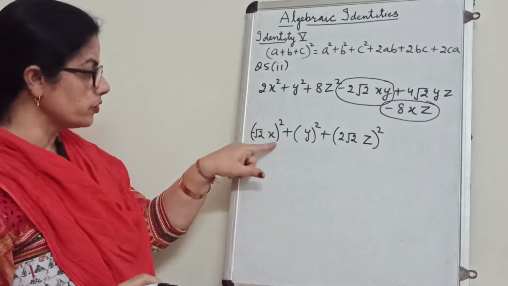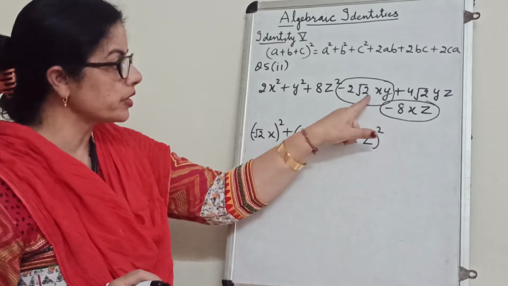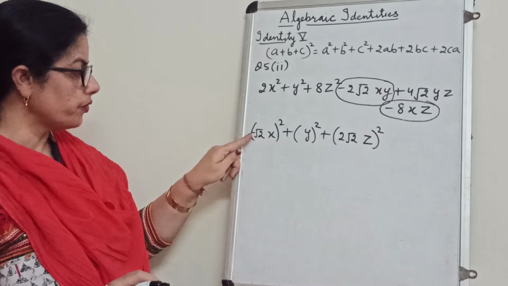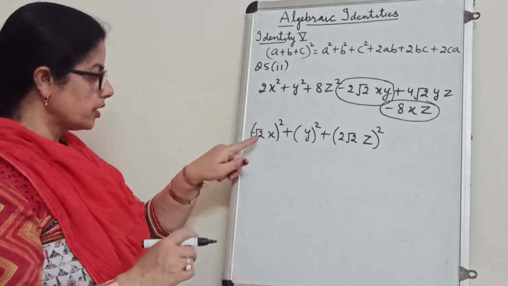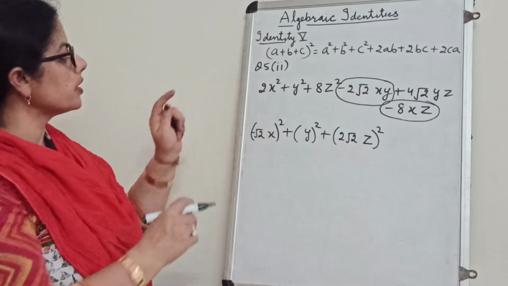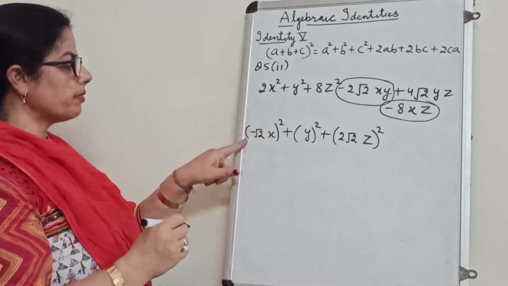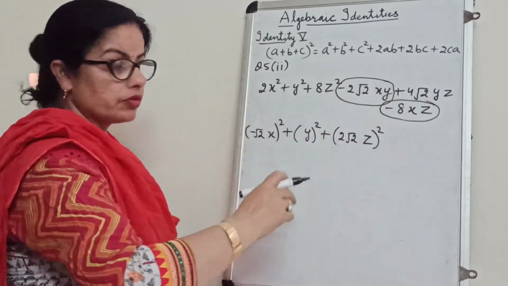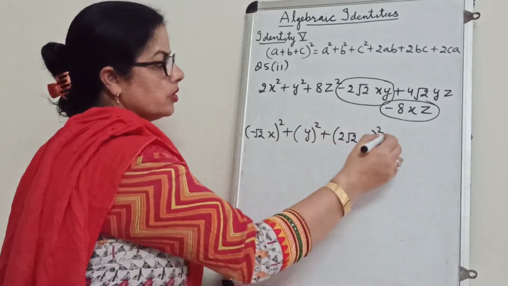So we will write minus root 2x whole square, because x is here also, x is here also, in both negative terms. There will be no effect if you open the square; it will be 2x square. Now 3 terms are remaining. We will try to write them in the form 2ab, 2bc, 2ca.